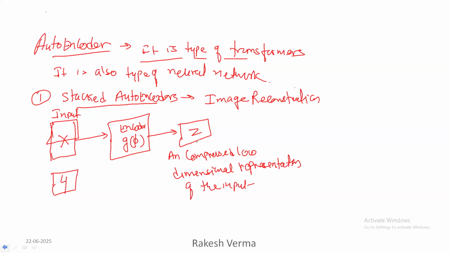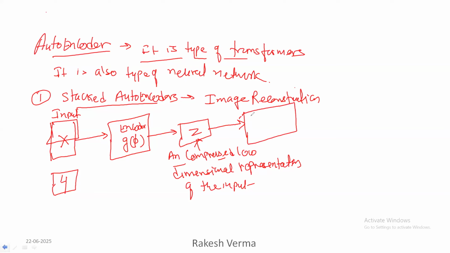So when we give the vector form of the input image to the encoder, the encoder performs some operations, and we will discuss what operation it performs. It gives the output Z, the compressed low dimension representation of the input. Then this compressed low dimensional representation is given to the decoder.